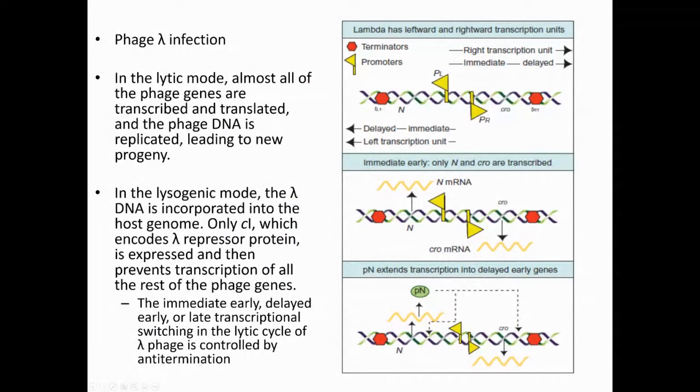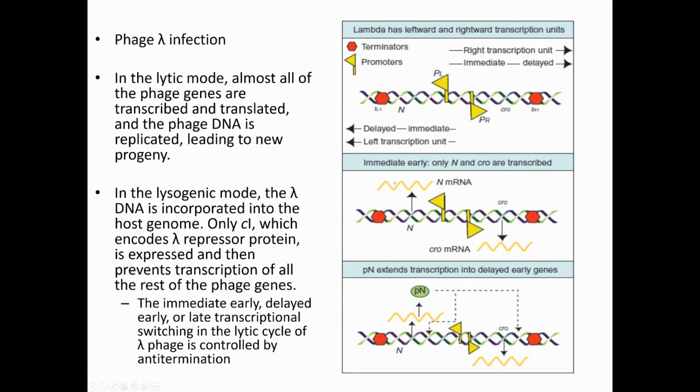The lambda phage infection, okay. One of the examples here is that during the lytic cycle, all the phage genes can be transcribed and translated. In lysogeny, basically, the lambda repressor protein is expressed, and it prevents the transcription of all the rest of the phage genes. And when they are going to switch to the lytic cycle, they produce the anti-terminator.